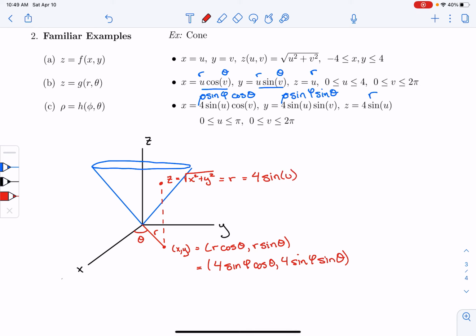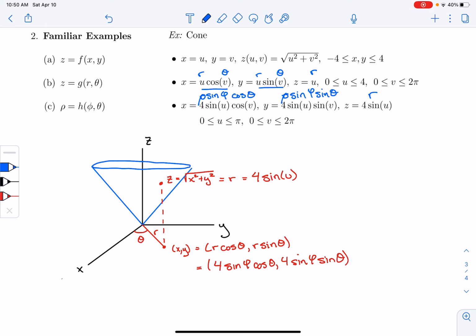And now we've expressed x, y, and z in terms of u and v, where u is acting like phi, that goes between 0 and pi, and then v is acting like theta, which goes between 0 and 2 pi.